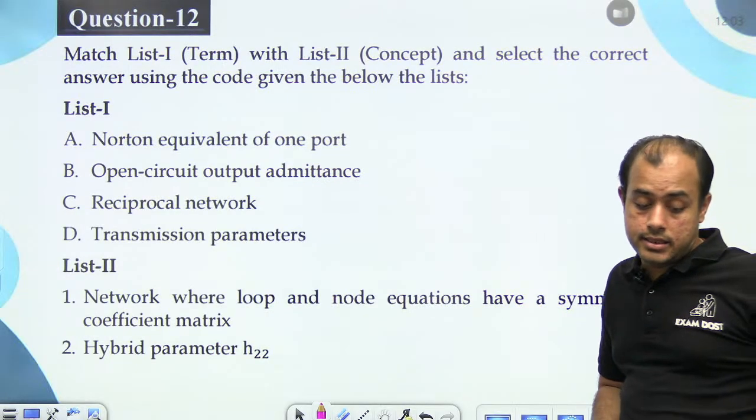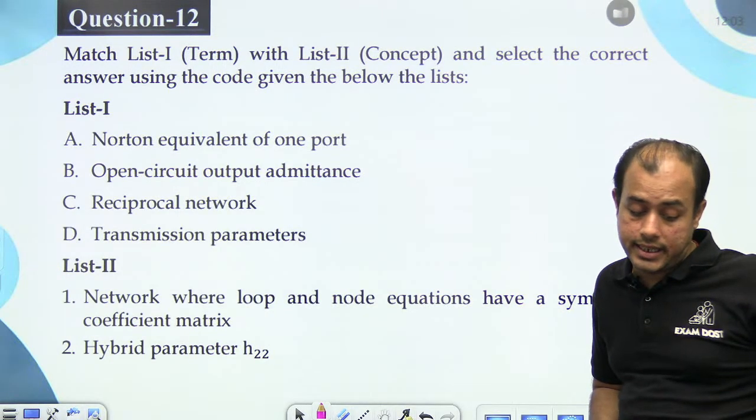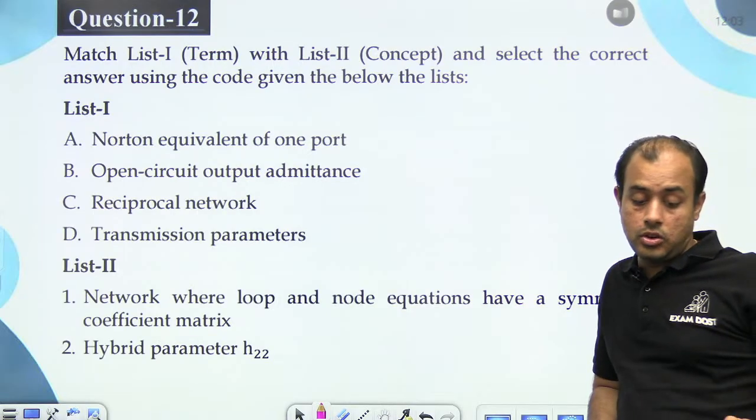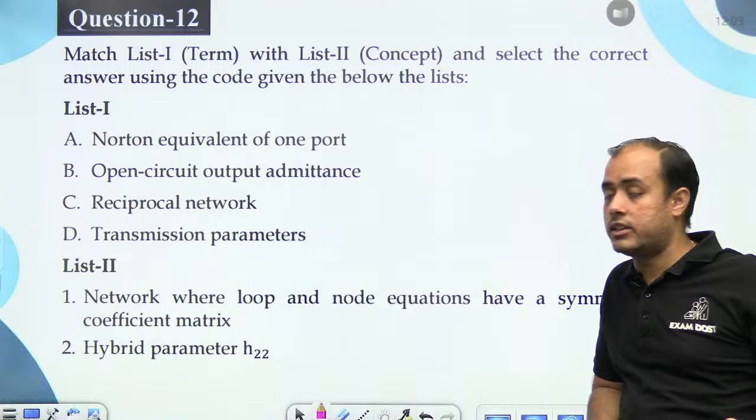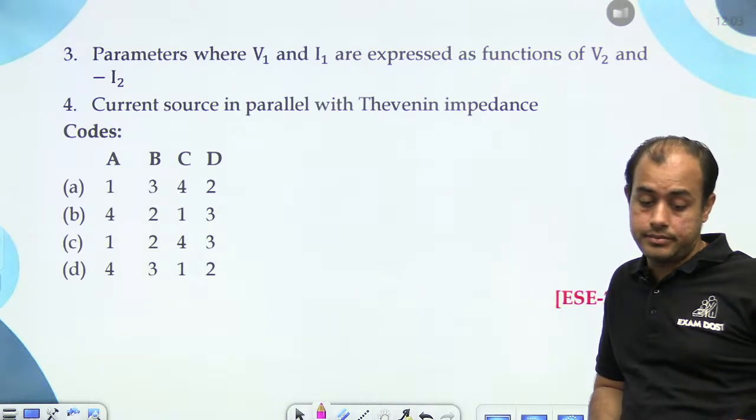Next, match list 1 with list 2. Norton equivalent of one port, open circuit output admittance, reciprocal network, transmission parameter.